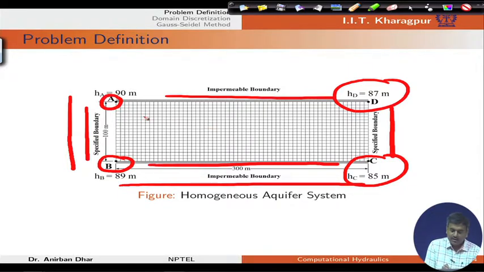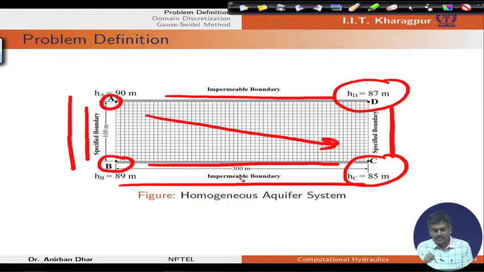So, obviously, the flow will be from this direction to this direction, because this is the lowest point and this is the highest point. Obviously, there will be some amount of flow variation in this case. Now, you should be able to visualize the problem based on our contour plots.